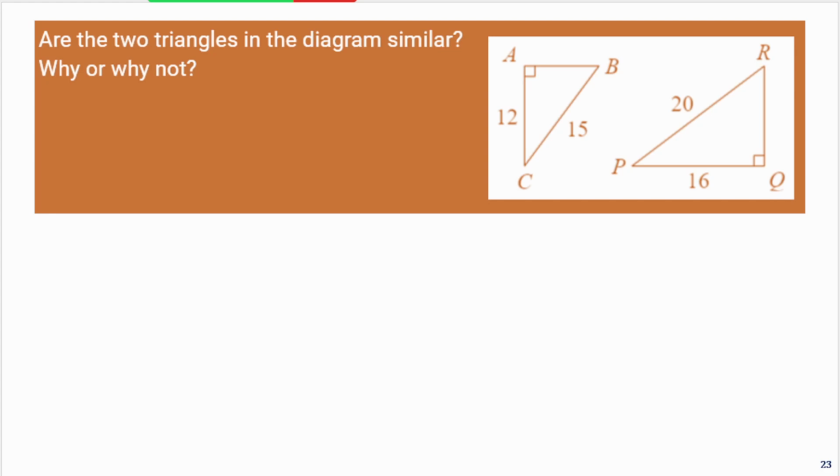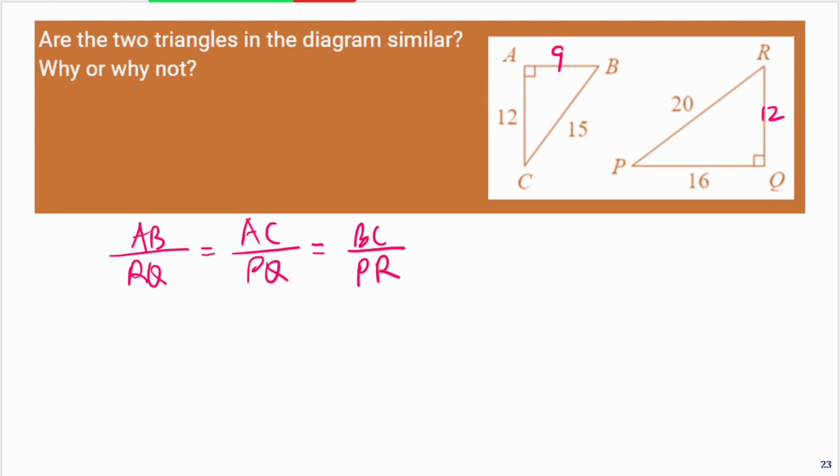But we can recognize these two right triangles as 3, 4, 5 triangles, or we can use the Pythagorean theorem to find the other side. And we find that AB equals 9, QR equals 12. Therefore, we have AB over RQ, which equals AC over PQ, which equals BC over PR.